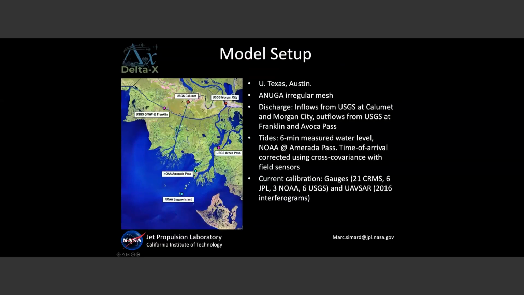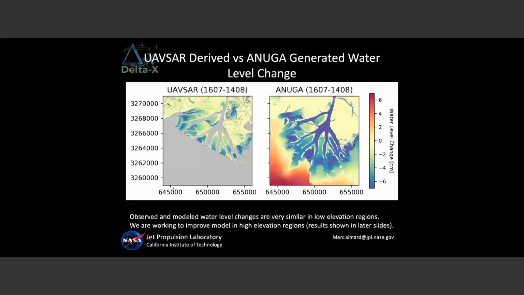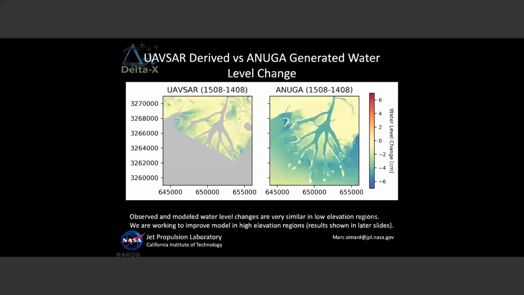And then we have NOAA's tide gauges that are used to constrain the tide at the model boundary. So once we set up the model with the friction that follows vegetation type, we can compare the model output, which is on the right here, to our UAVSAR measurements.